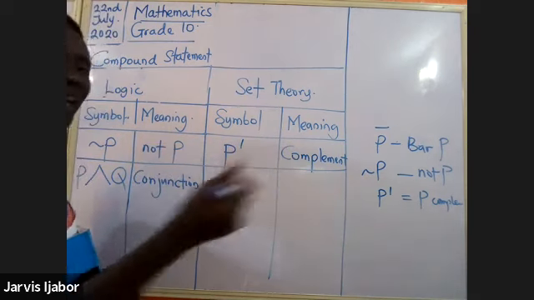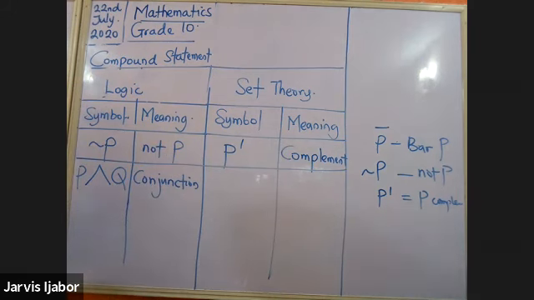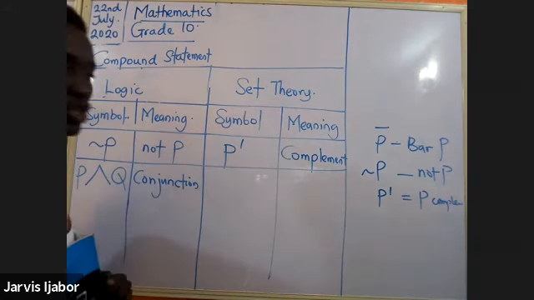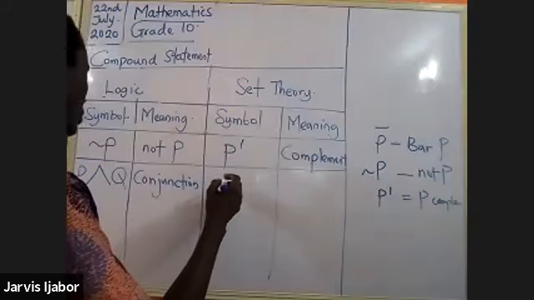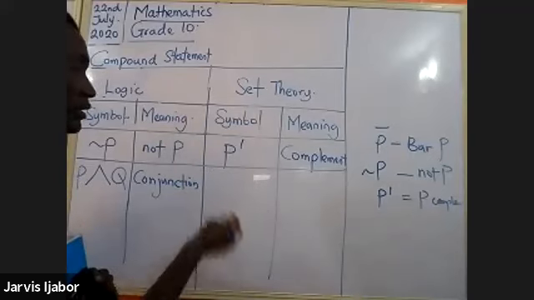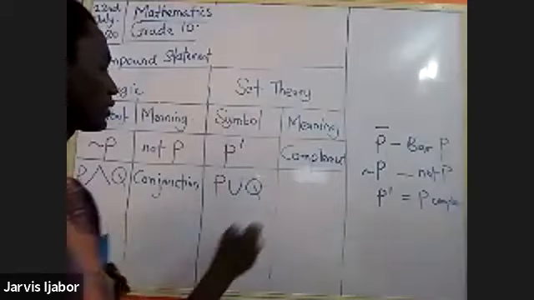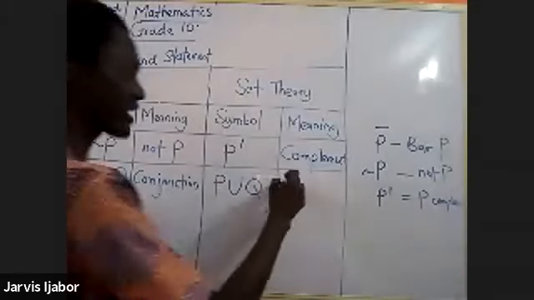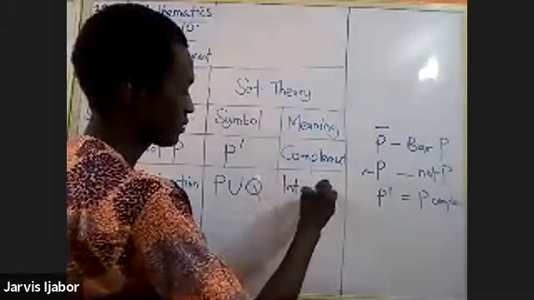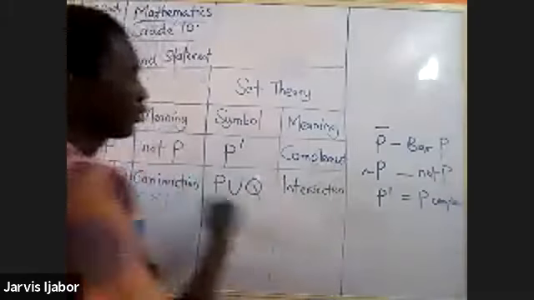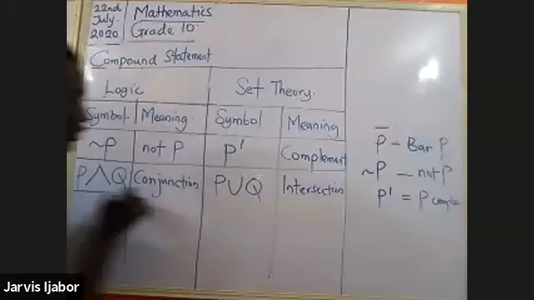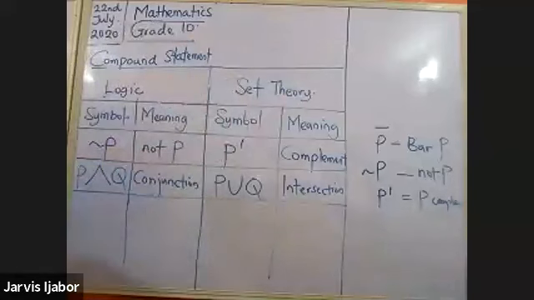Conjunctions usually connect. So if I say and, it is a conjunction. They are connecting words. So this would be what? P union Q, and that is what? Intersection. We'll get to understand conditions for which all of this will work out. Please take this topic very seriously.